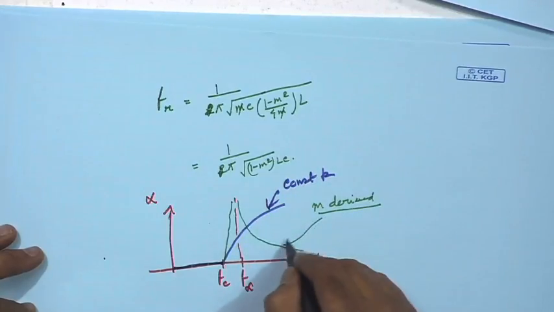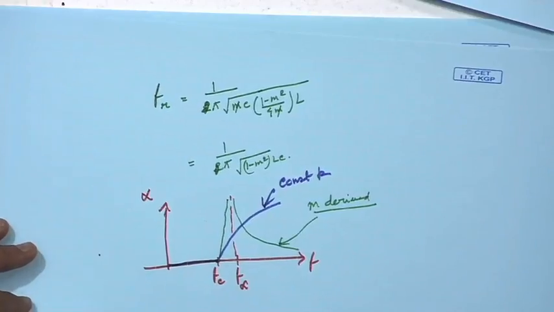this is m-derived. So, if I combine, then I get something which is called a composite filter.